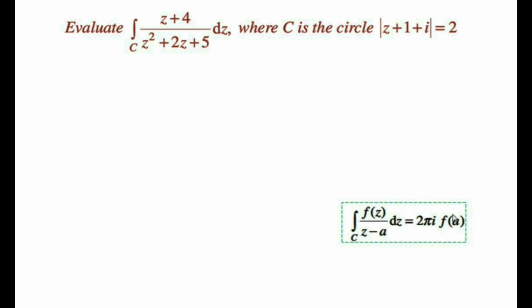Now we have to evaluate the integral over C of (z plus 4) upon (z square plus 2z plus 5) dz, where C is the circle. To tackle this type of problem, we must know Cauchy's integral formula. Therefore, Cauchy's integral formula can be utilized to solve this type of problem.